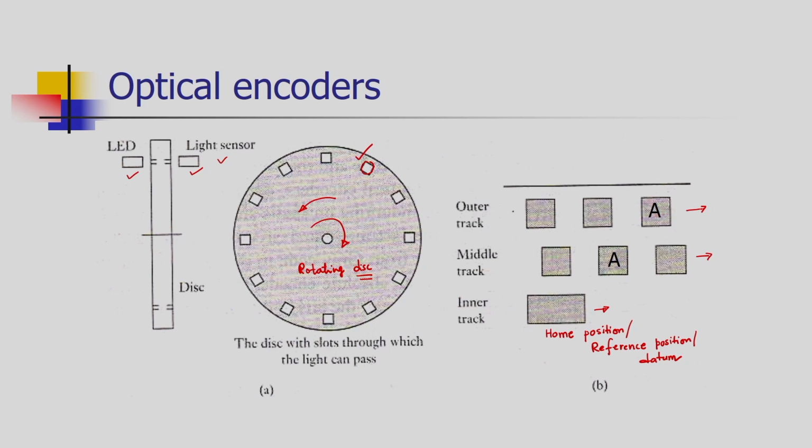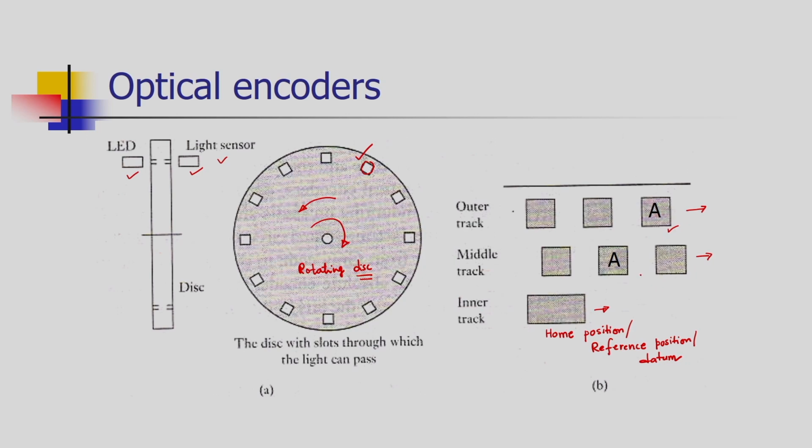The outer track has a number of holes and the middle track also has an equal number of holes, but here you can notice there is a change in arrangement of holes in the middle track. Now, let us consider a hole A at the outer track.